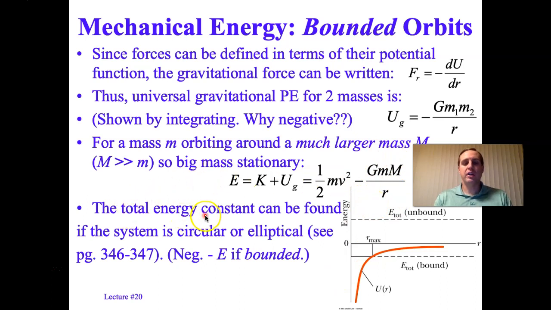Now, the total energy constant can be found if the system is either circular or elliptical. And see my previous textbooks. Now, a couple things to say about this. First of all, in order to find that, suppose it's a circular orbit. If it's a circular orbit, what you would do is insert the equation for the orbit velocity.